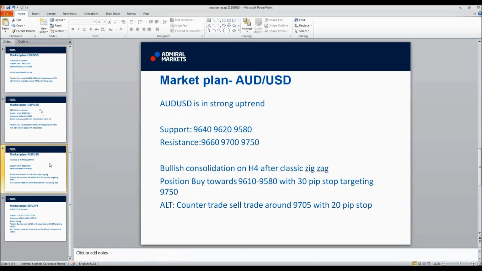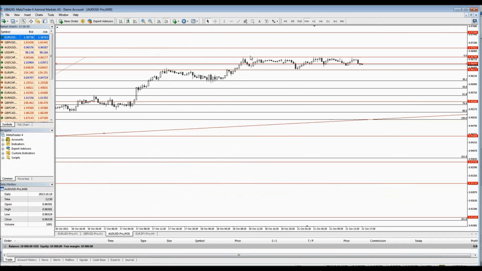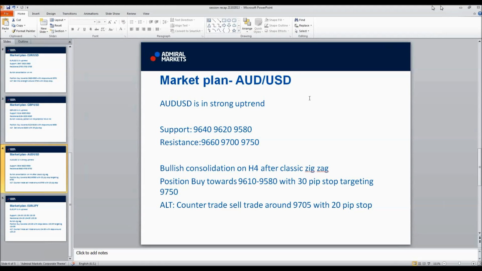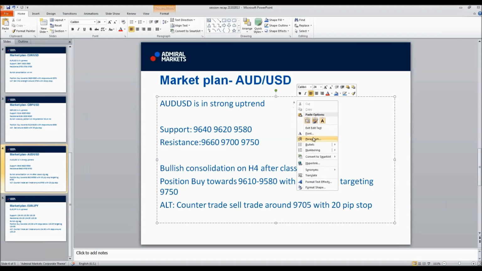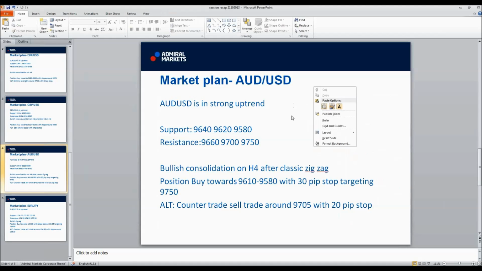Aussie. Breakout pullback continuation on M30. Or like this. We will see. Let me tell you again what is breakout pullback continuation if you don't know that already.